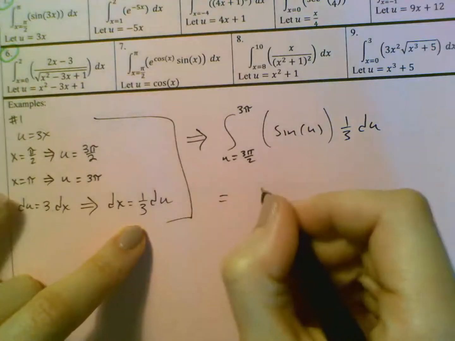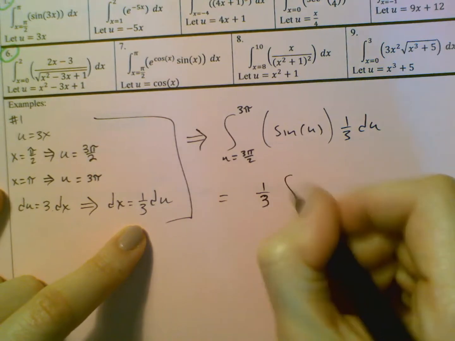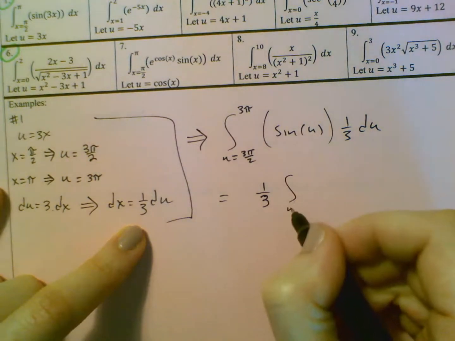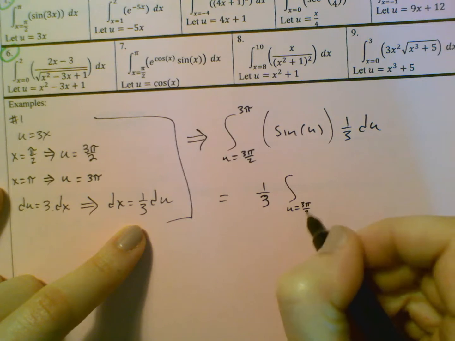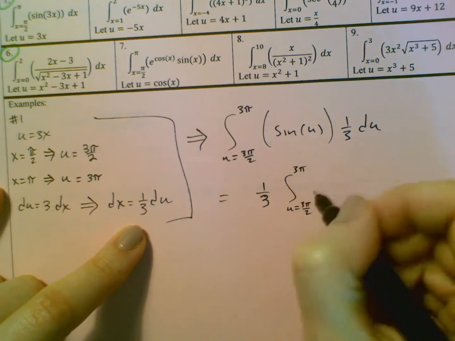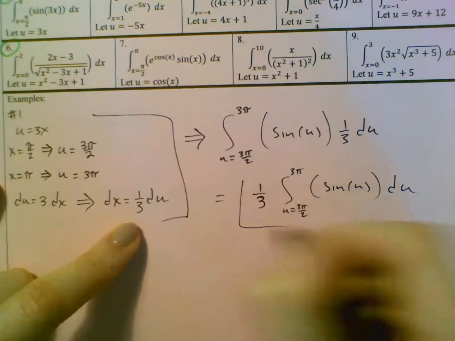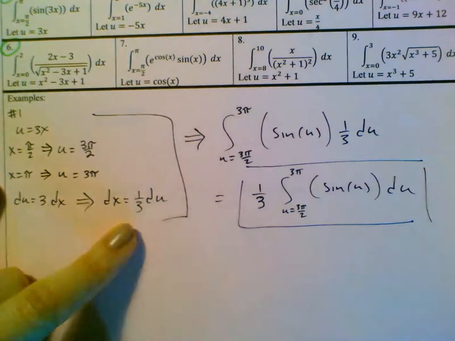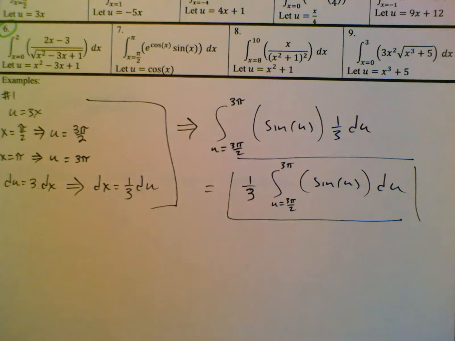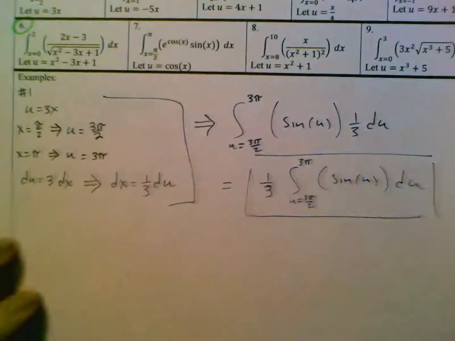And then, just to make it look nice, I'll pull that 1/3 out front. And then u is 3 pi over 2 to 3 pi. Okay, and we just stop right there. We don't actually have to compute the integral, we're just rewriting it in terms of u. All right, so that was the first one.